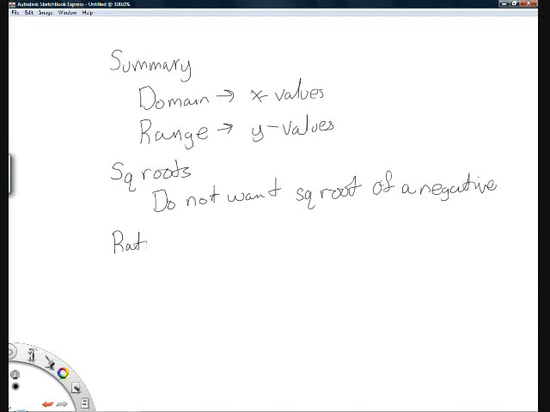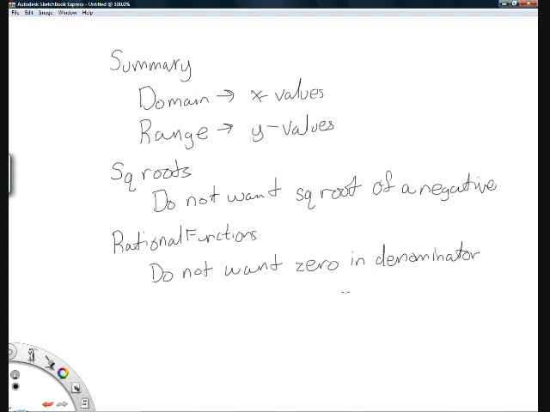And rational functions, those are the fractions, you do not want 0 in the denominator.